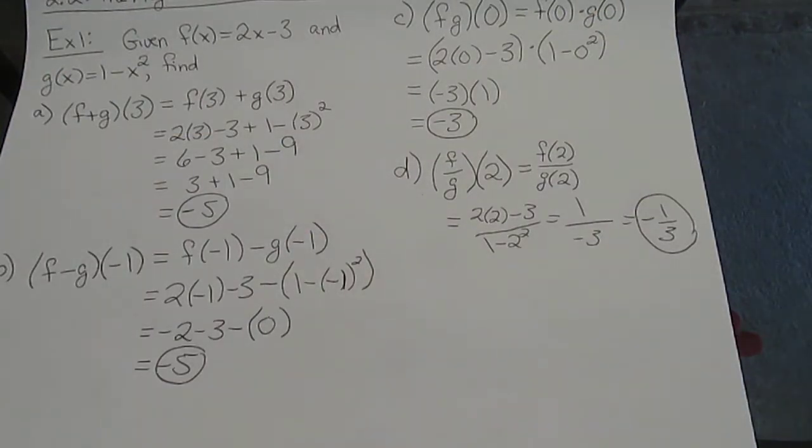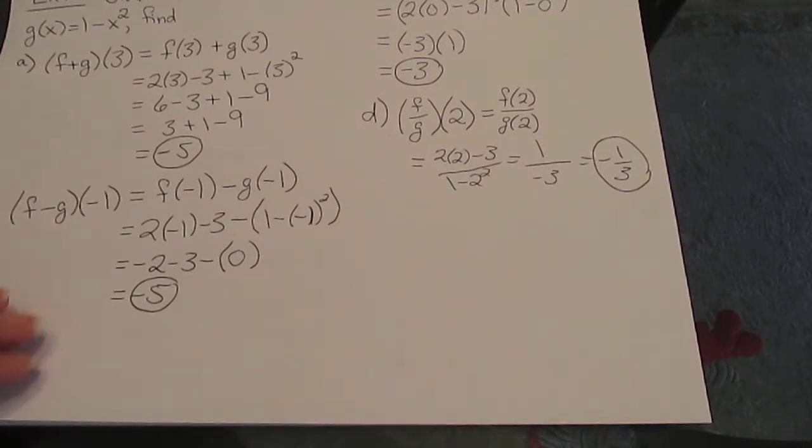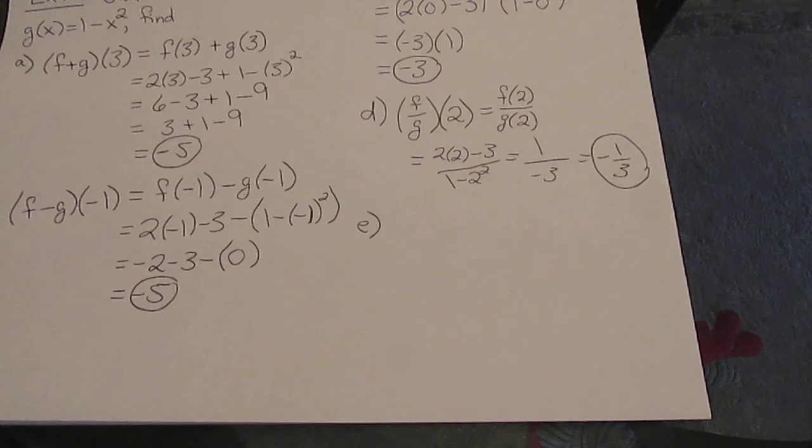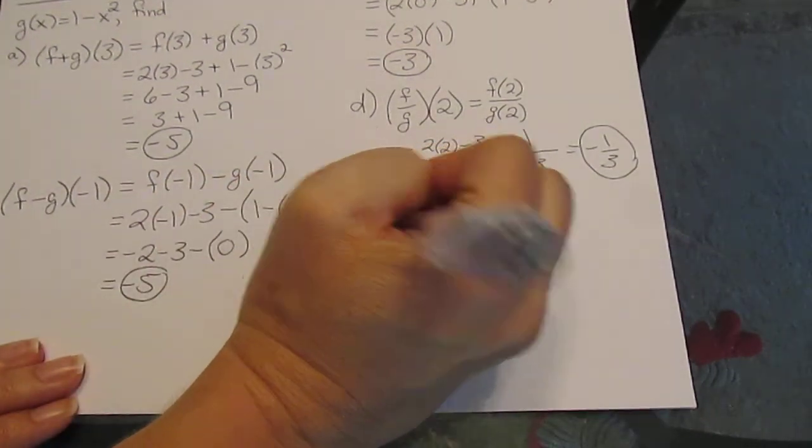Okay, so we've done one example of each type of operation. Okay, so let's go ahead. I want to do one more because sometimes they have you use the same function more than once. So I'm going to do f plus f of 1.